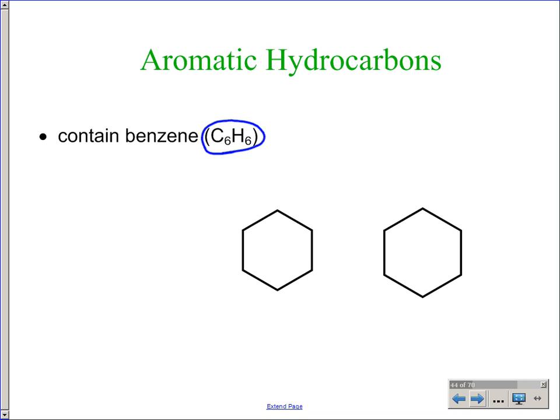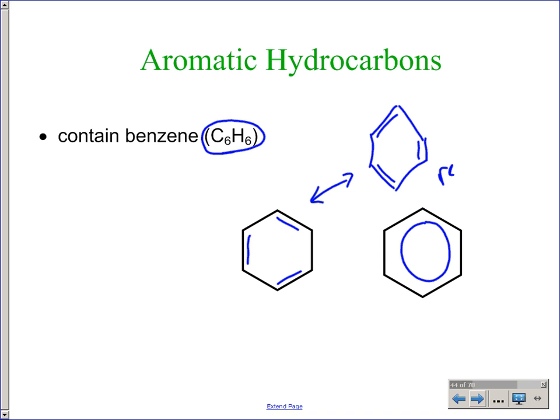And it's so unique because whenever you have this 1-to-1 ratio of carbons and hydrogens, what the structure looks like is a double bond at every other bond on this cycloalkane. So this is one way to write it, and this is another way to write it, because technically we could write this with the double bonds between those other carbons.